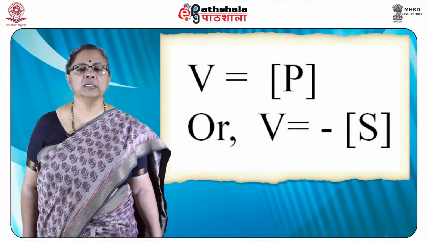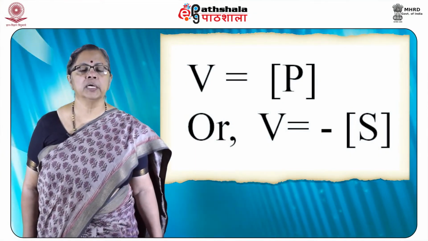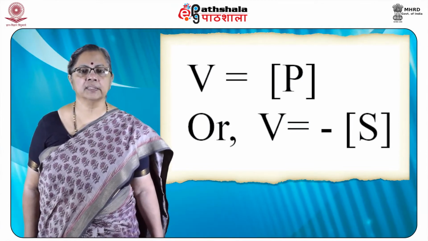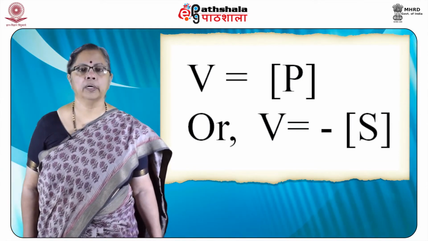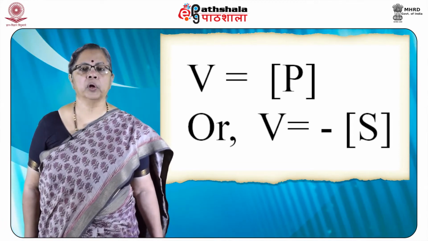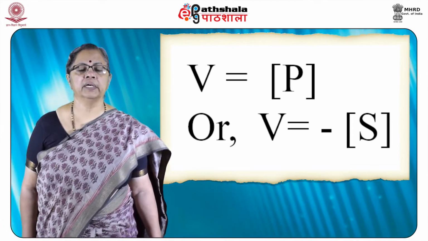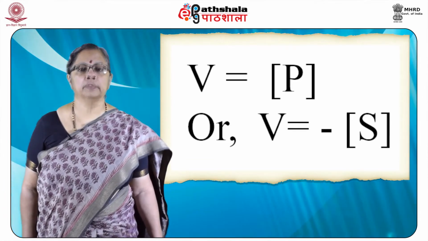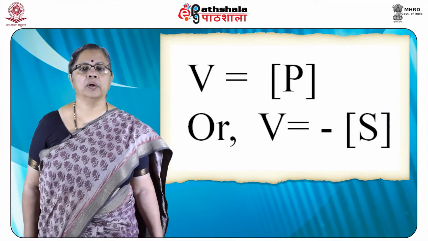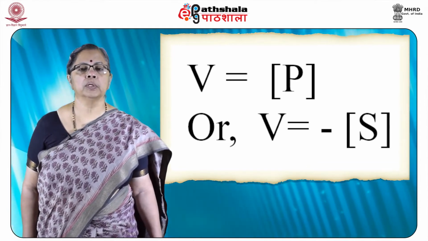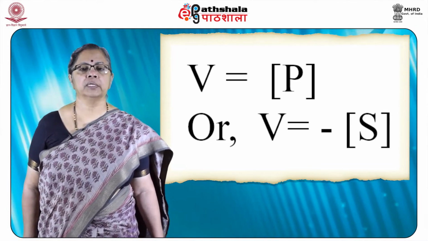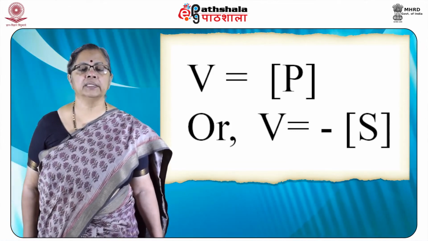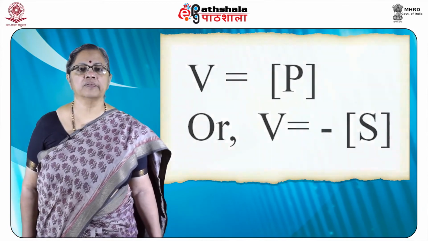The velocity V is measured as the disappearance of substrate S with time or the formation of product P in a given time, or V is equal to bracketed P or V is equal to minus bracketed S, the negative sign before S indicating the disappearance of substrate.